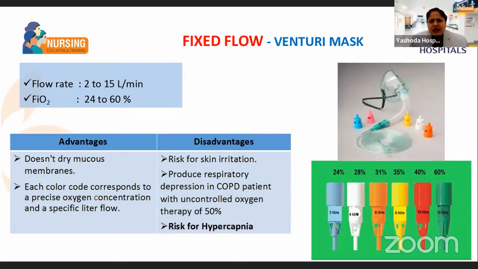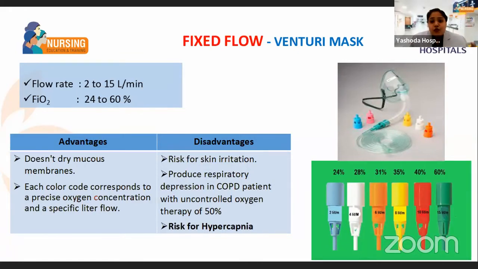You might be thinking, here also we have a mask type, and the simple face mask is also a mask. Then what might be the difference between the simple face mask and the Venturi mask? With the simple face mask, you can deliver oxygen, but with the Venturi mask, you can deliver a fixed and accurate concentration for the patients.